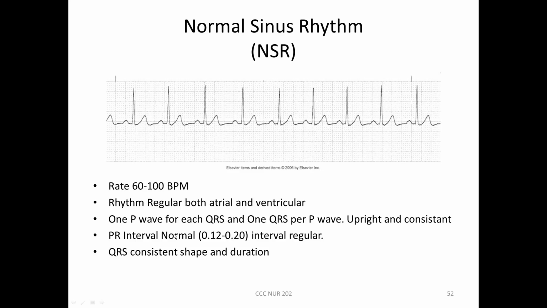And so that's regular. And then ventricular is your QRS 1, 2, 3, 4, 5, 6, 7, 8. So they're both regular. 1 P wave for each QRS. Yes, we see that there's 1 P wave for each QRS, and 1 QRS for each P wave. That would be something we look at too.